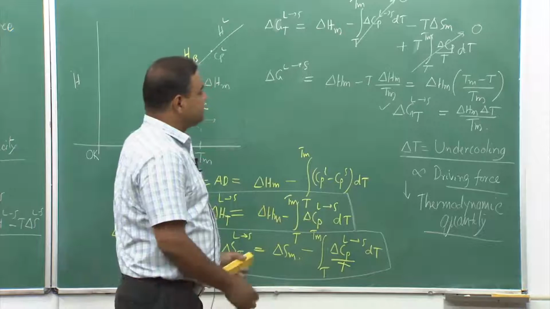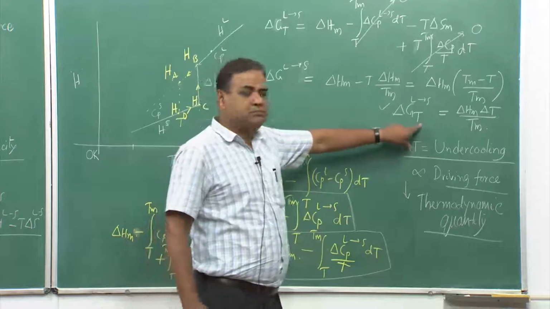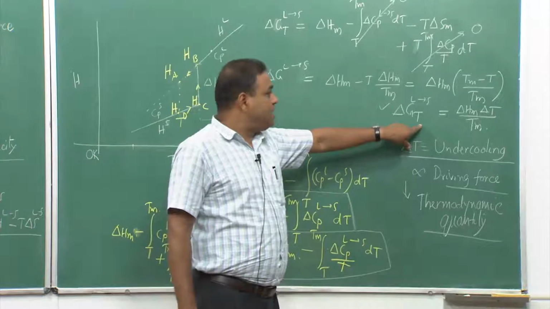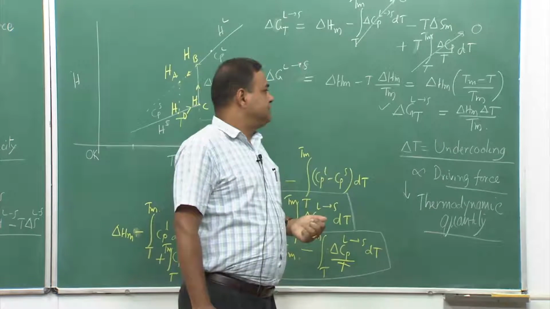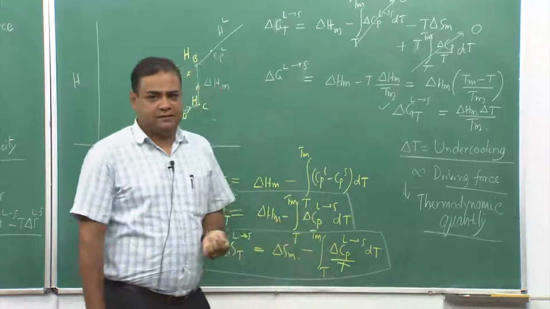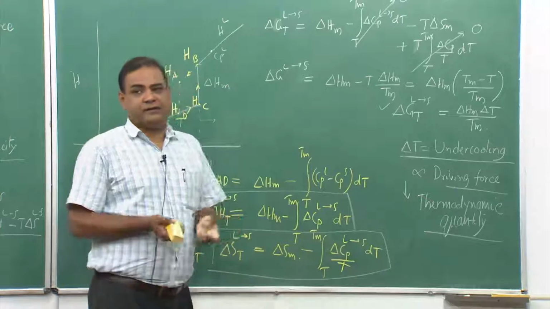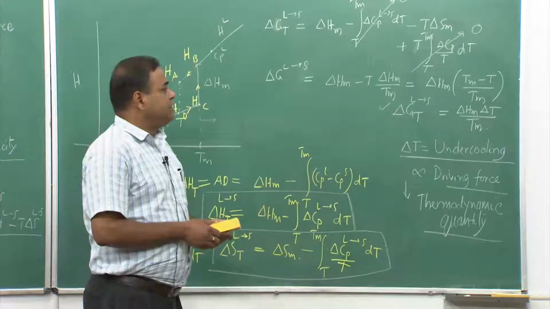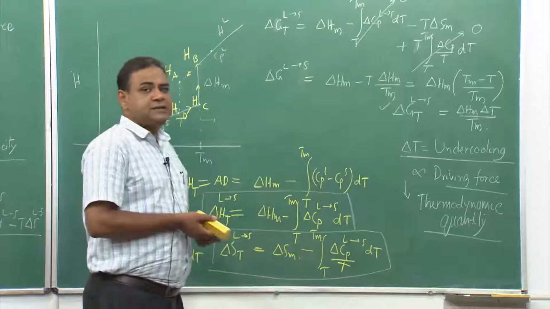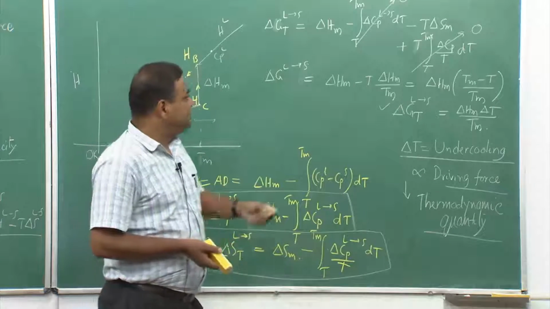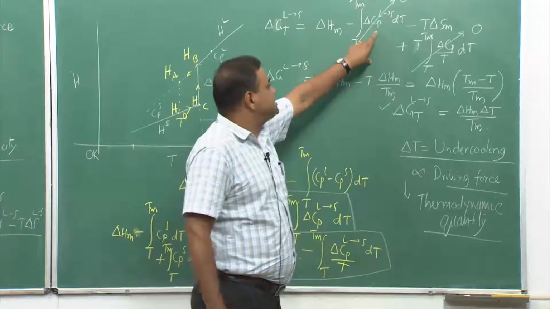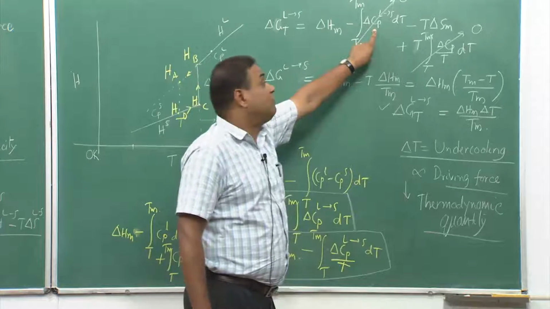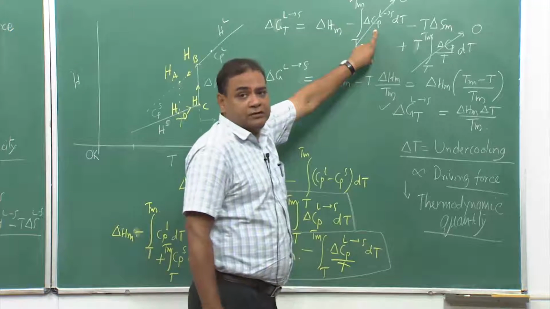Now, when we try to see this value, let us see how it can be modified, how it can be refined. We would like to see the refinement in terms of better and better approximation for del Cp liquid to solid.